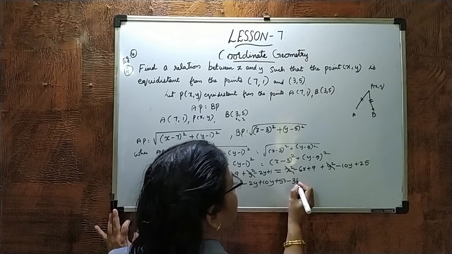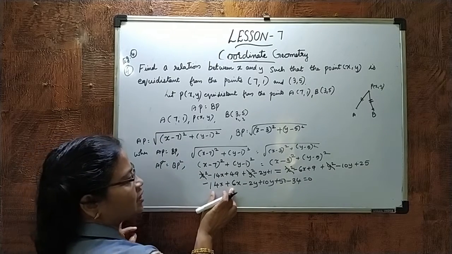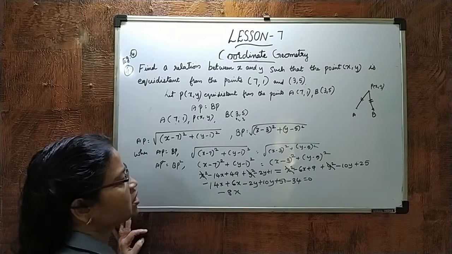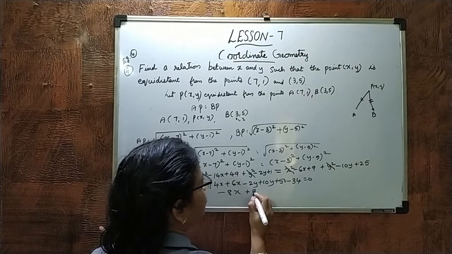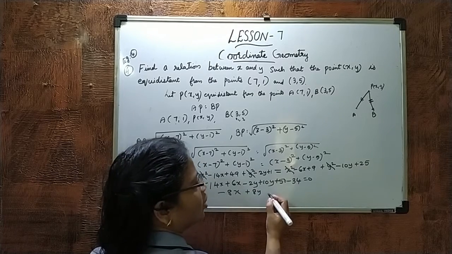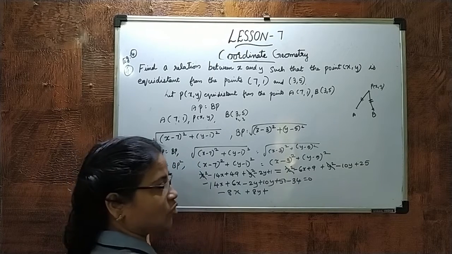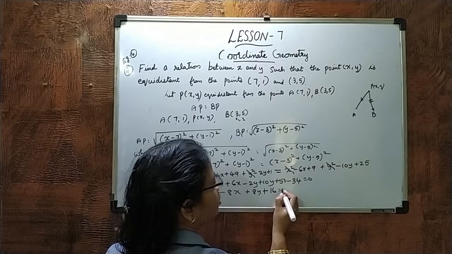So minus 34 equals 0. Now, 6 minus 14, you will get minus 8x. Then minus 2y plus 10y will be plus 8y. 50 minus 34, what will you get? 16 you will get.